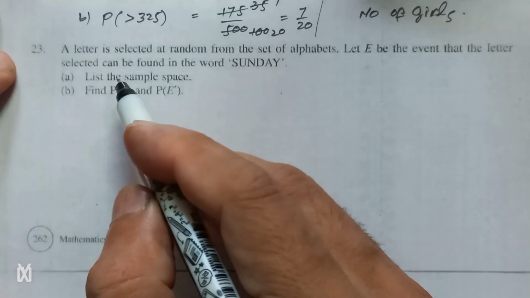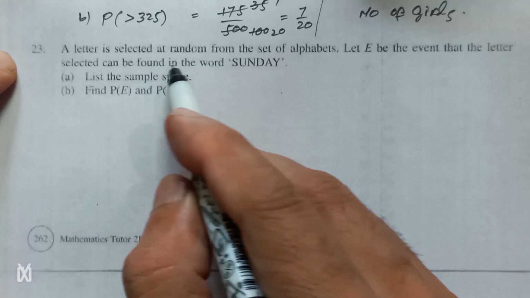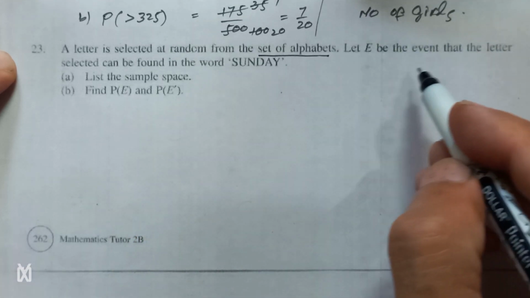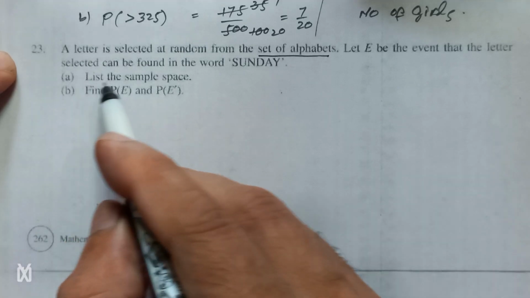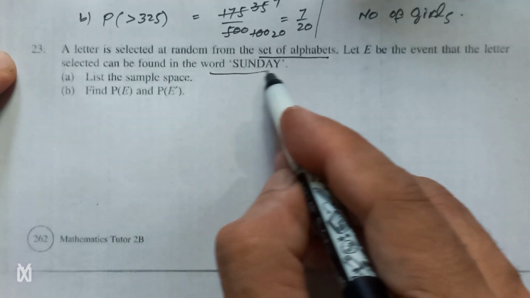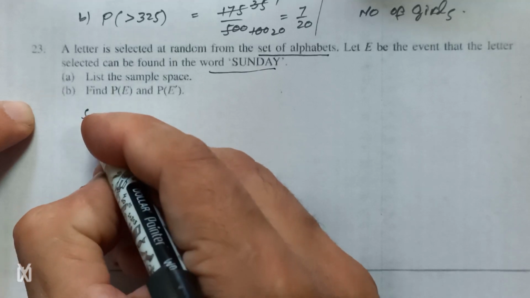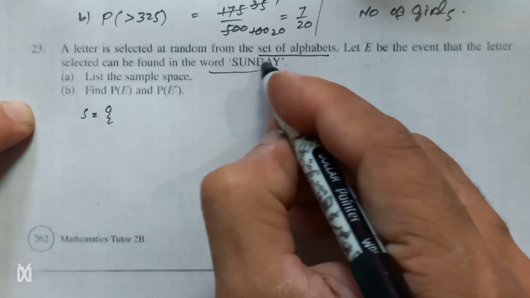The statement of question number 23 is a letter is selected at random from the set of the alphabets. Let E be the event that the letter selected can be found in the word. List the sample space. Okay, the sample space will be set of the alphabet.